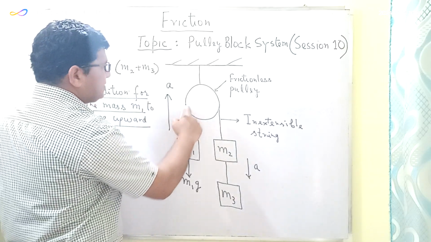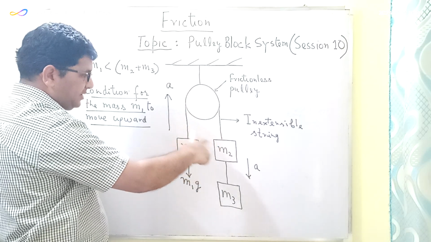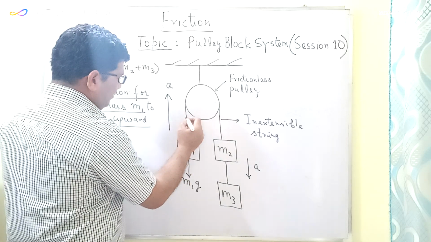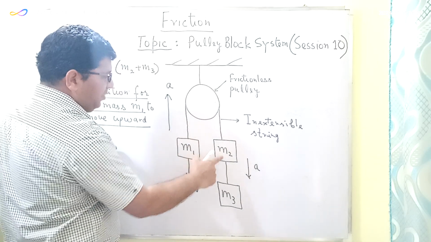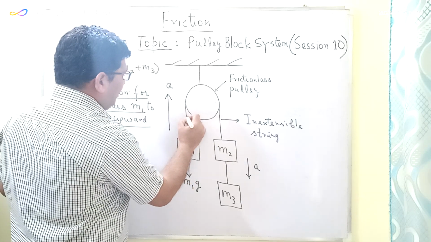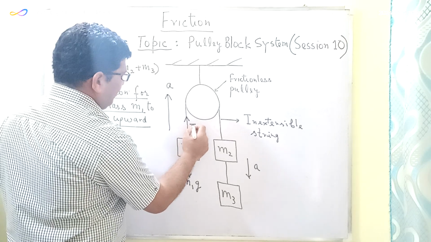Since this entire system of three blocks is moving over a frictionless pulley, and since m1 and m2 are connected by a single string, let us say the tension in this string is T1.